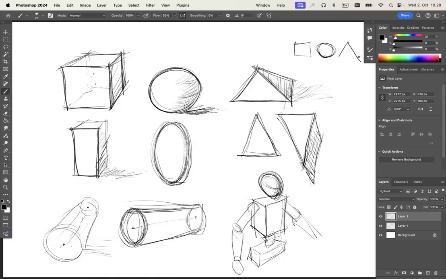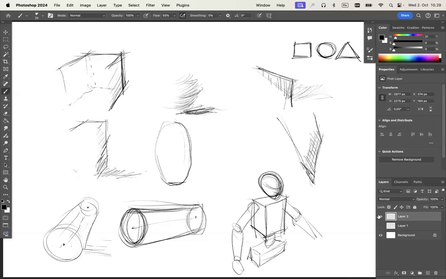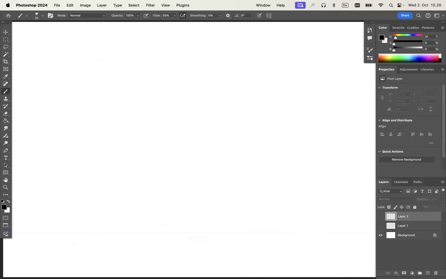Then there's another reason. So let's go into that. So make these two layers invisible, and let's have another one that is visible.